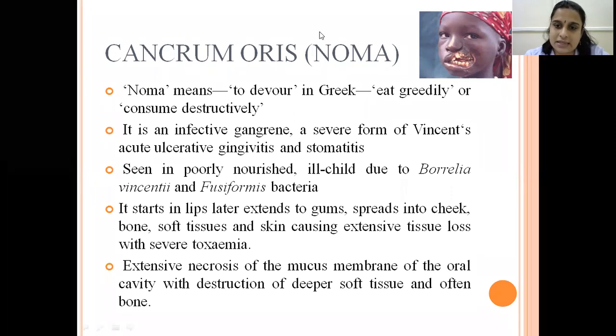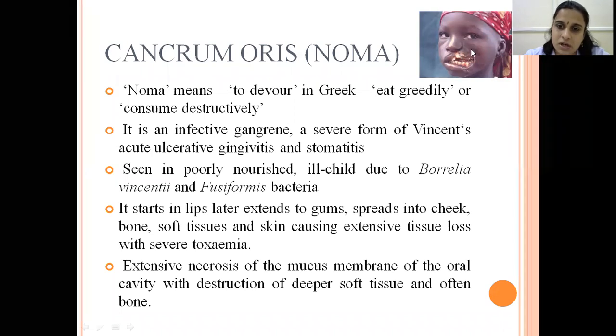Firstly, it starts in the lips and then spreads to the cheek, the bone, either maxilla or mandible, soft tissues, and finally the skin also. So remember this picture. It starts in the lips, later extends to the gums and spreads to the cheek, the bone, the soft tissue, and also the skin covering it.